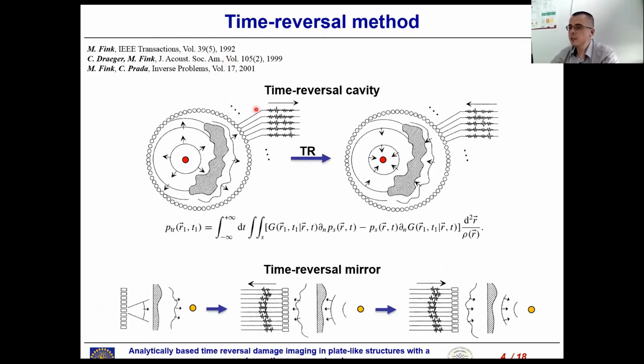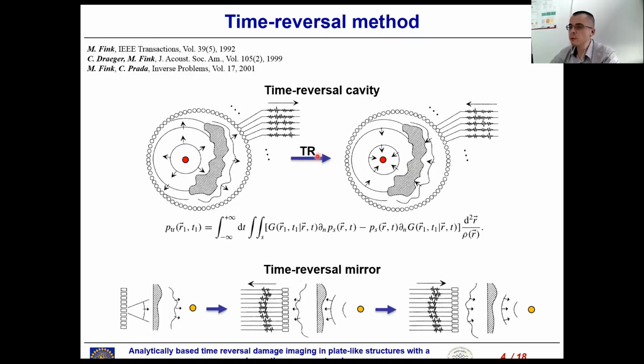And the idea is that we have a set of receivers or transducers which are capable of catching signals emitted by the source and reflected or scattered by the obstacle. And we could do some re-emission of these signals. And finally, due to the physical properties of the media, these re-emitted signals should definitely be concentrated or get together at the point where the initial source took place.